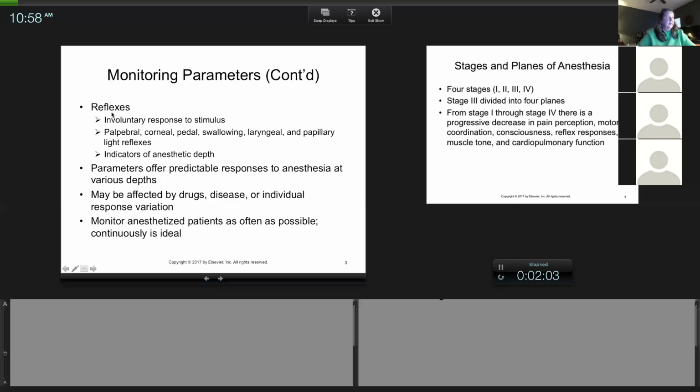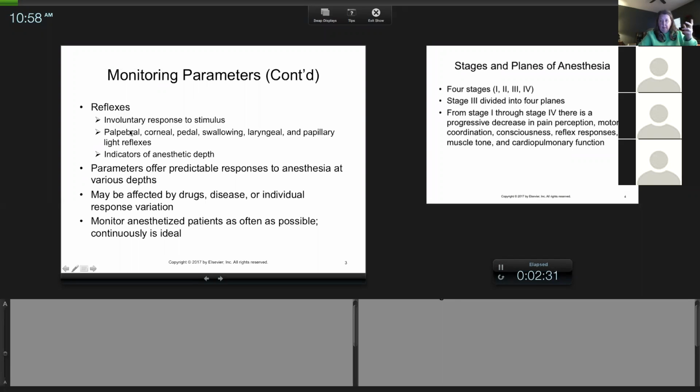Now, reflexes are hugely important because anesthesia depresses the CNS, the central nervous system, and reflexes are an assessment of neurologic function. So a body's response to a reflex tells me, is it what I expect? Or is it not what I expect? And how do we fix this? So what do we have to look at?